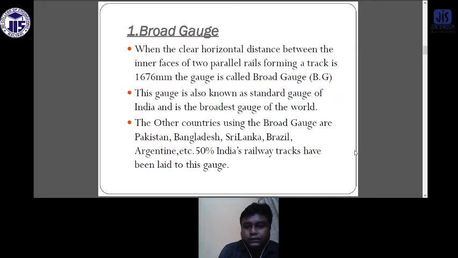More than 50% of Indian railway tracks have been laid on this gauge. Apart from India, a few other countries also use the broad gauge of 1.676 meter: Pakistan, Bangladesh, Sri Lanka, Brazil, Argentina and so on.